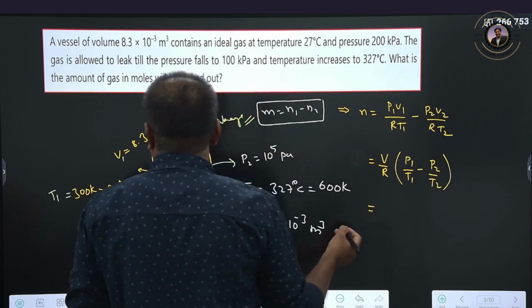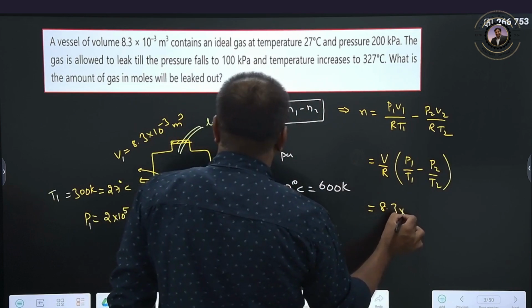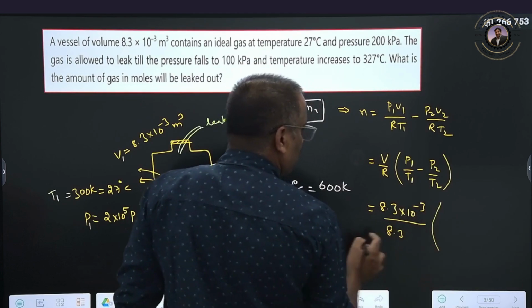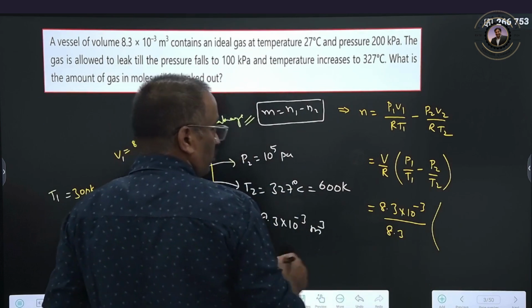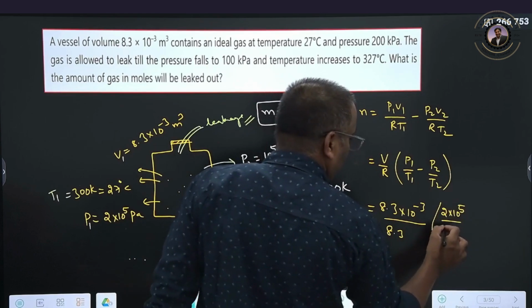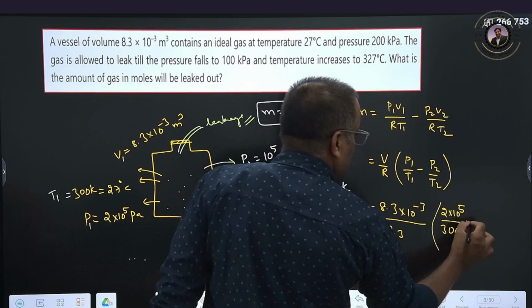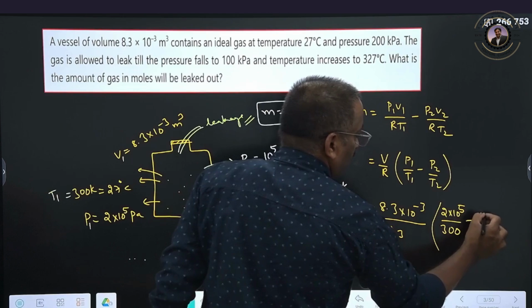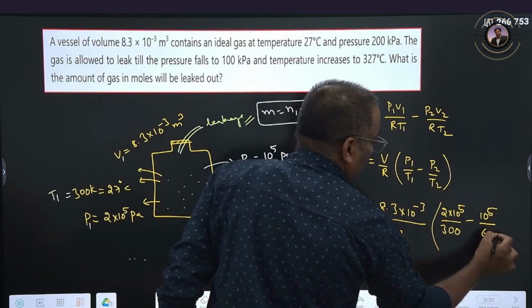V is 8.3 × 10^-3, and P1 is 2 × 10^5 by 300, minus 10^5 by 600.